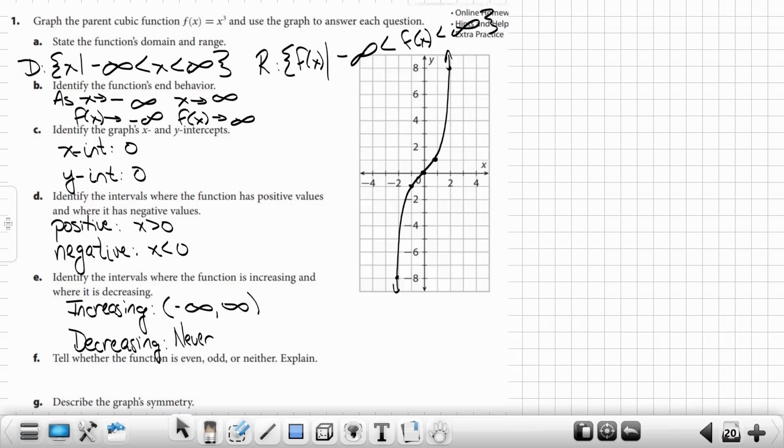Why? It only has one exponent, which is an odd number, cubed. That's one reason. Because 3 is odd.